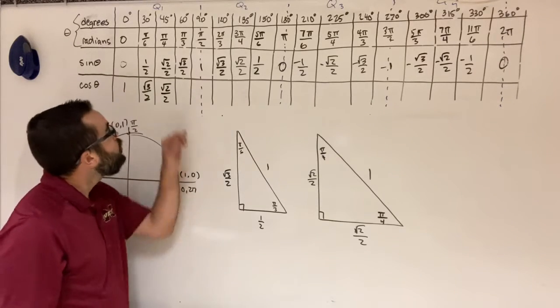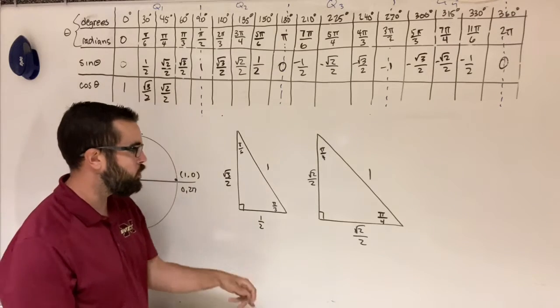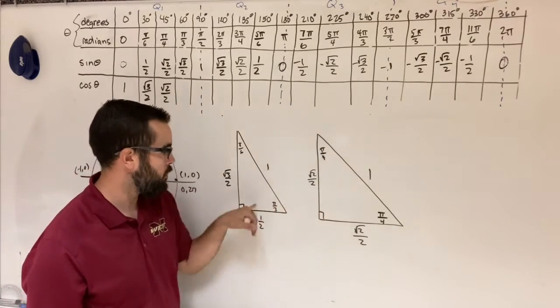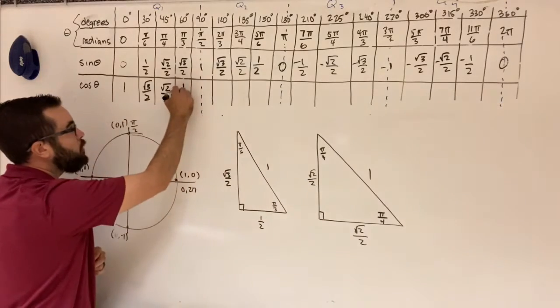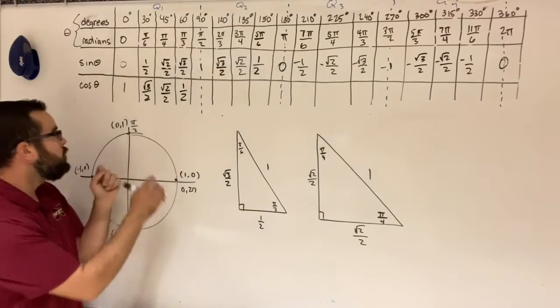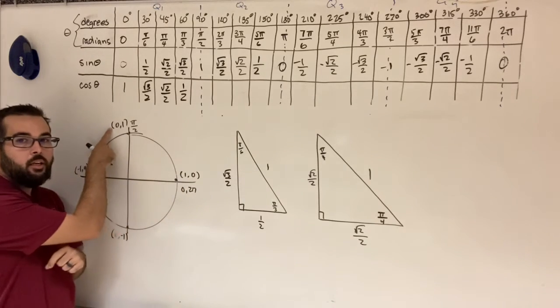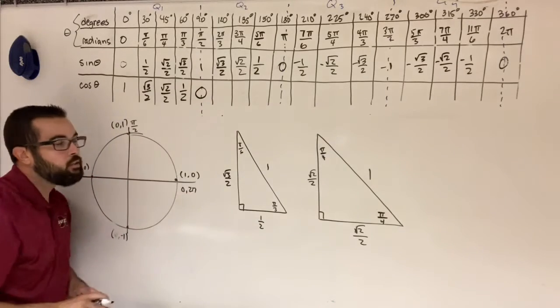And then we come to the cosine of 60 degrees, which is here. So it's adjacent over hypotenuse, so that's 1/2. And then we have the cosine of 90 degrees, which is just the x coordinate at 90 degrees on the unit circle. So that's 0. So there's our first quadrant.